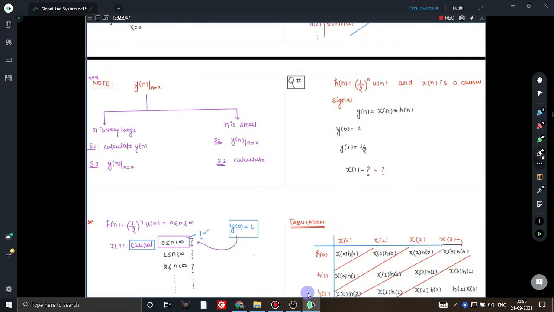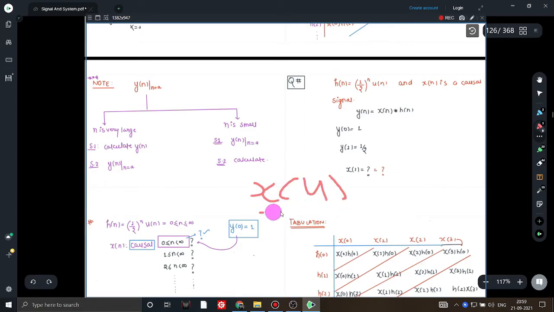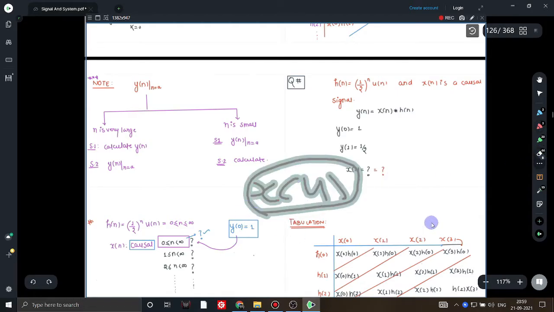And if the question is asking for x is equal to 4, then we make the table till x is equal to 4 and h4.